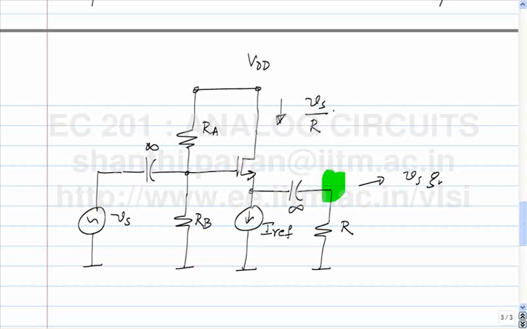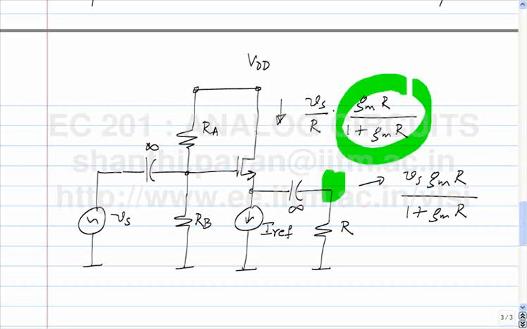Vs times Gm R by 1 plus Gm R. So what is the incremental current through the transistor? We calculated this just now. It's nothing but V out by R. So you can see that as Gm tends to infinity, Gm R will tend to infinity, which will make this factor tend to 1, which will make the incremental drain current equal to Vs by R, as we had expected.